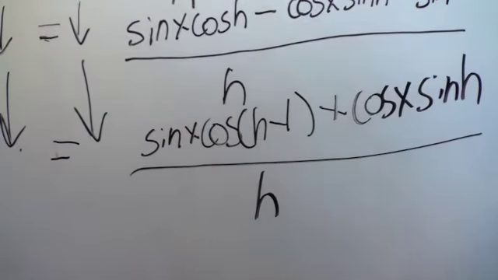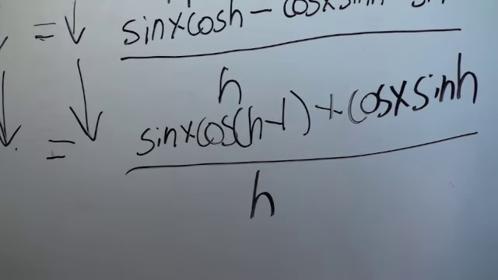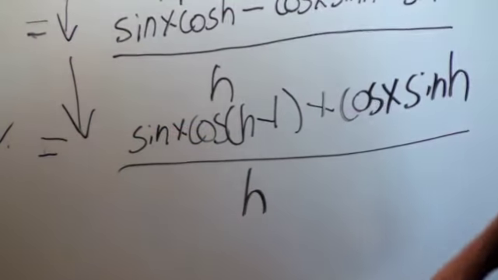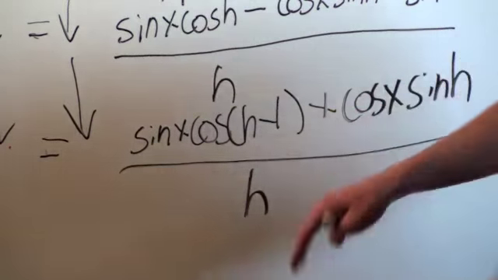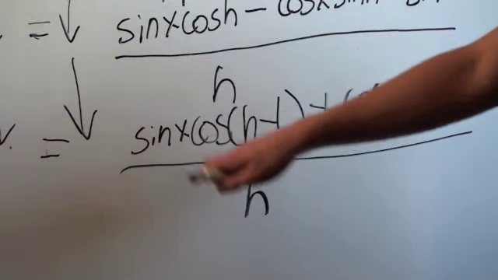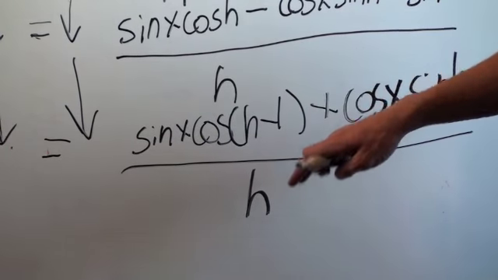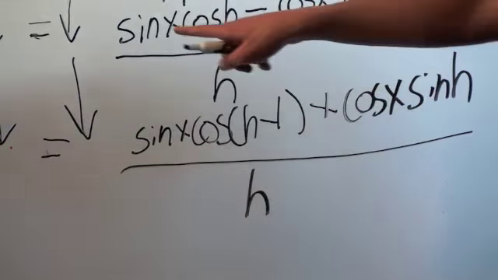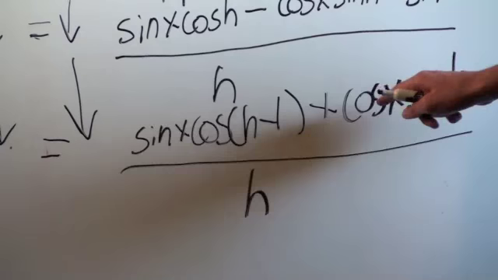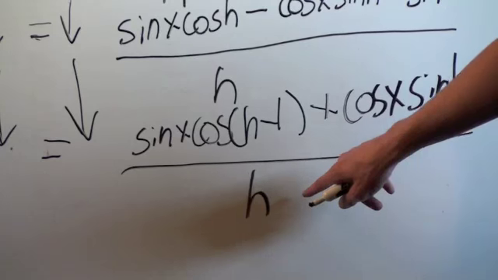Now, we have to separate this into a bunch of different things, but essentially what we'll be doing is the limit as h approaches 0, and we'll be breaking it up into sine of x times the limit as h approaches 0 of cosine of h minus 1 over h, plus the limit as h approaches 0 of cosine of x times the limit as h approaches 0 of sine of h over h.